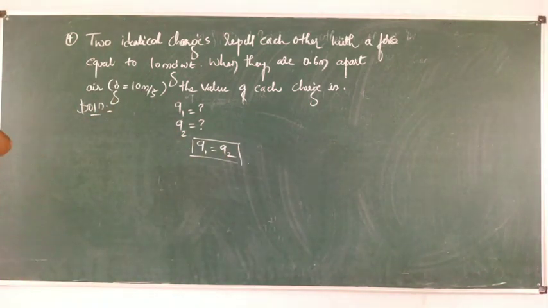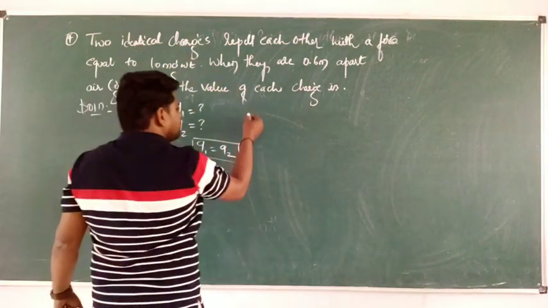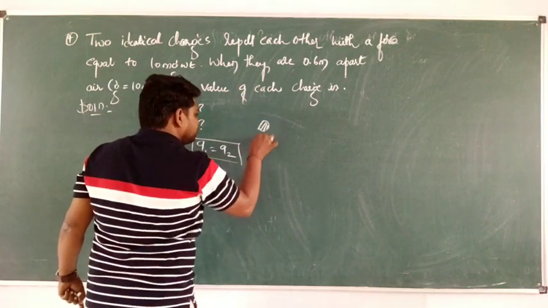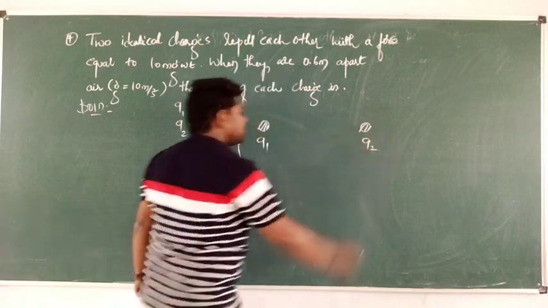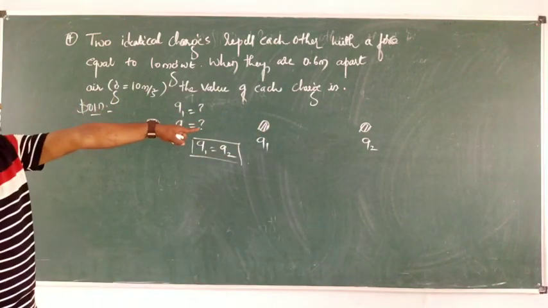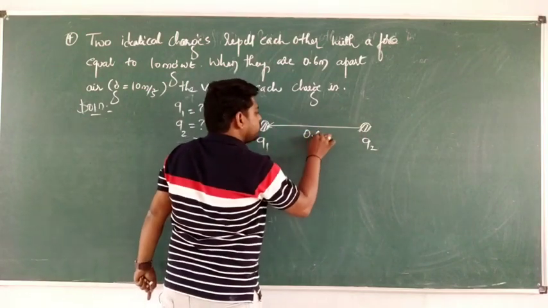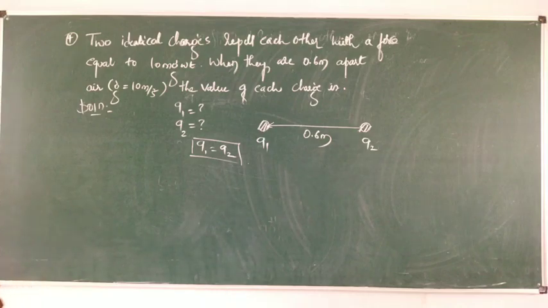Now, let us analyze this question in a diagrammatic way. There are two identical charges. This one is Q1, this one is Q2. These two charges are separated by a distance of 0.6 meter.